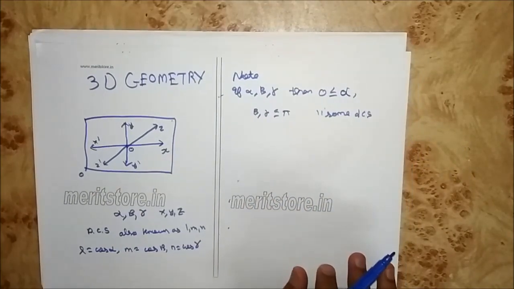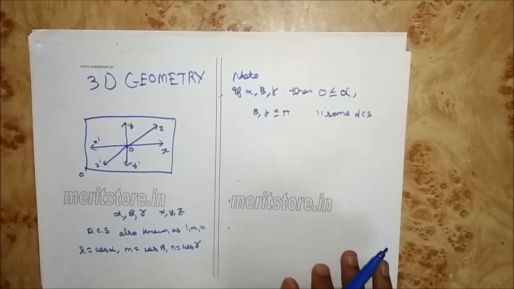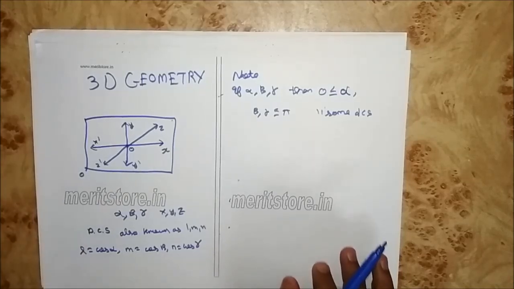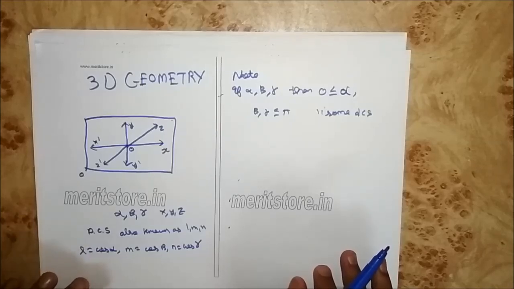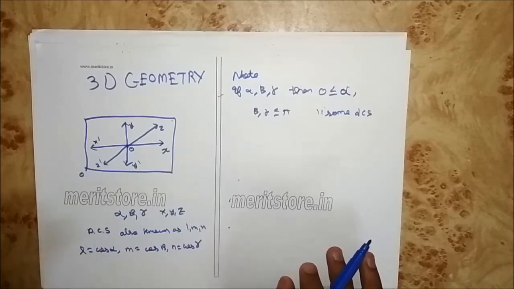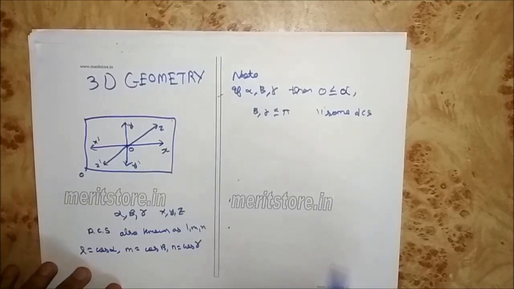Now let's study some theorems about 3D geometry. The first theorem states that if l, m and n are the directional cosines of a line, then l square plus m square plus n square is equal to 1. That is the first theorem.